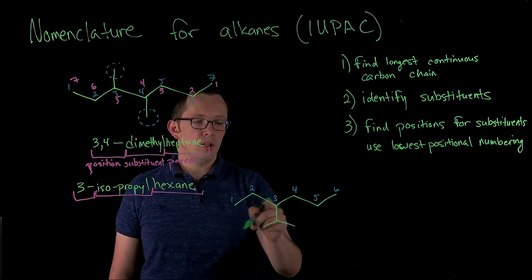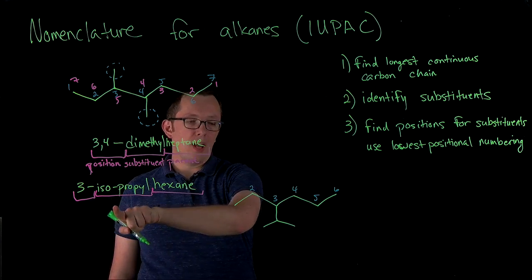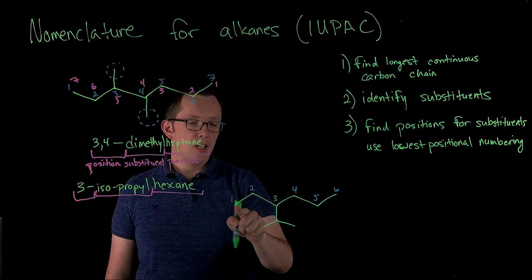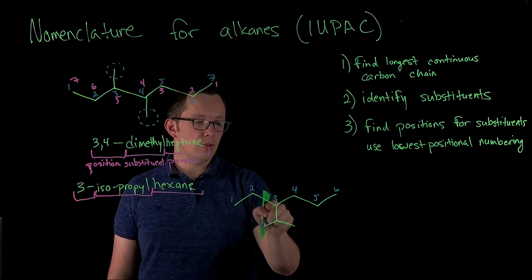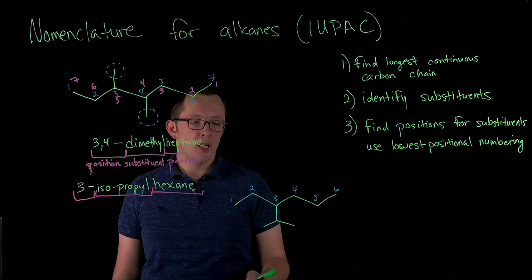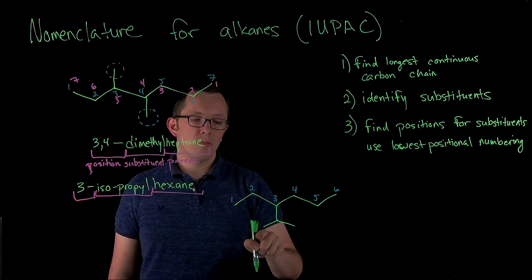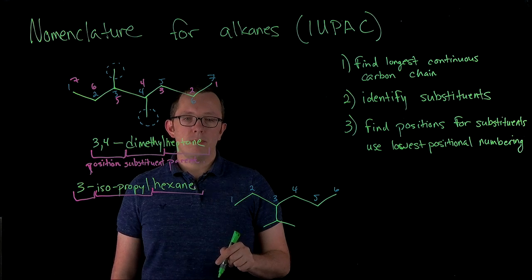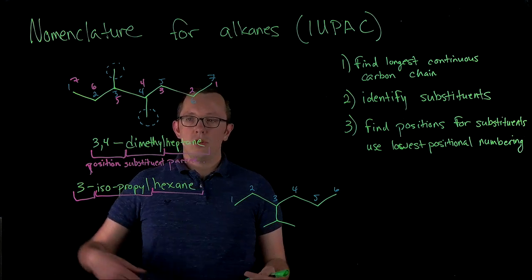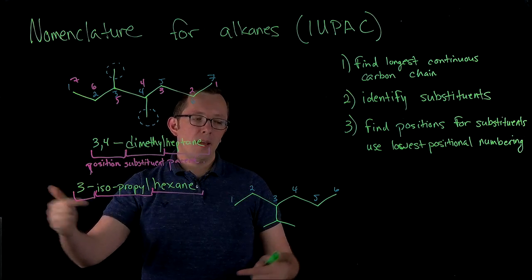Right? So here we have converted our name into our final structure. It's a hexane derivative. 1, 2, 3, 4, 5, 6 is your longest continuous carbon chain. We have an isopropyl substituent right here, and it's at the 3 position. So again, you should be able to convert structure into name or name into structure.